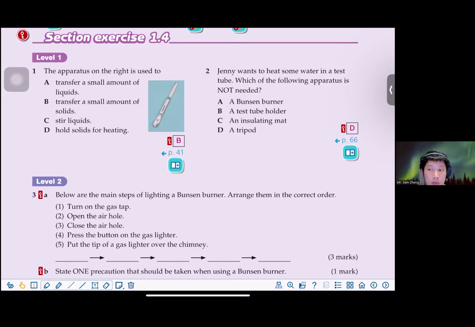Normally, we will use the tripod when we need to boil a large amount of water, for example, a beaker of water like 200 ml, 250 ml, etc. Then we need to use the tripod as a stand to hold the apparatus when we heat the solutions.